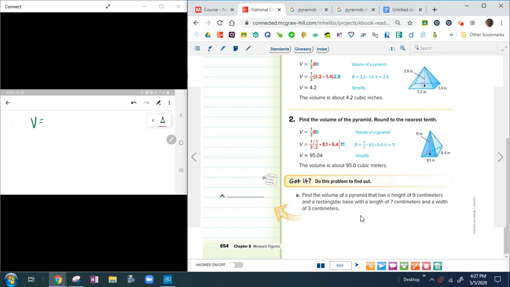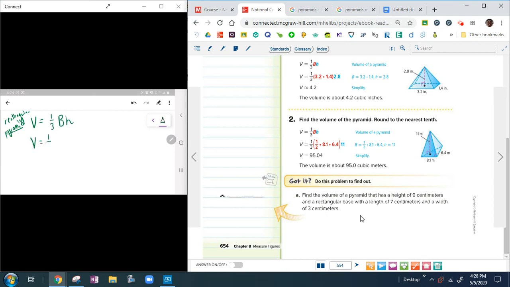So it says it's a pyramid, and it says it has a rectangular base. So we're going to call that a rectangular pyramid. So naming the shape really helps you because it tells you what formula you're going to need. And pyramid tells us we're finding volume of a pyramid, so that's going to be 1/3 big B little h.